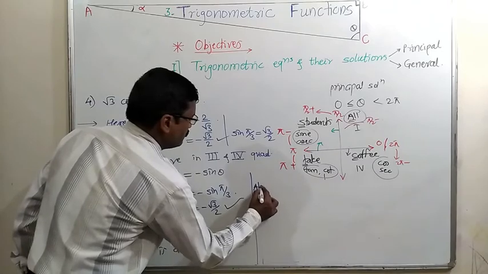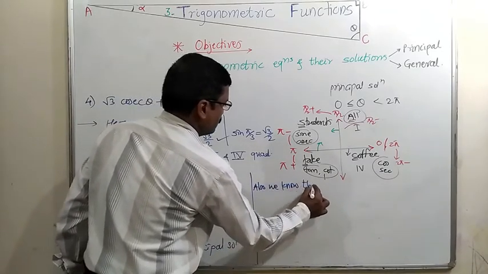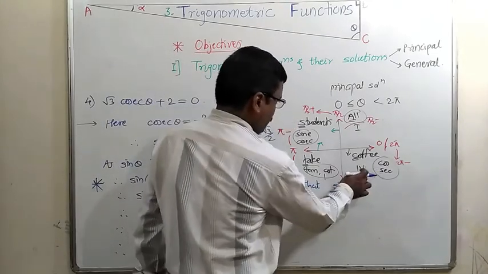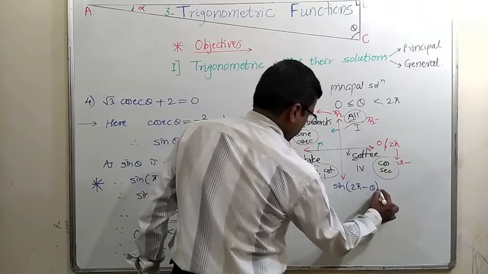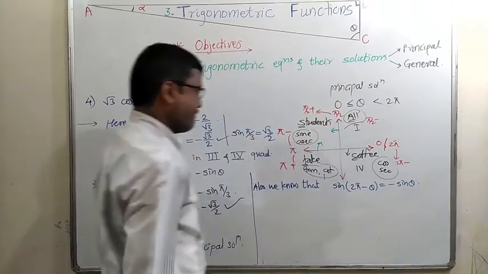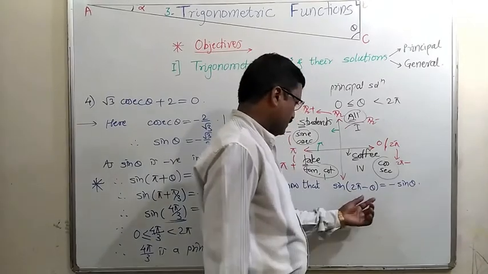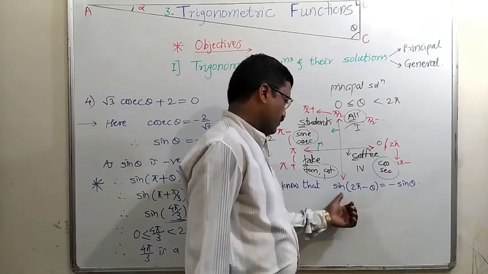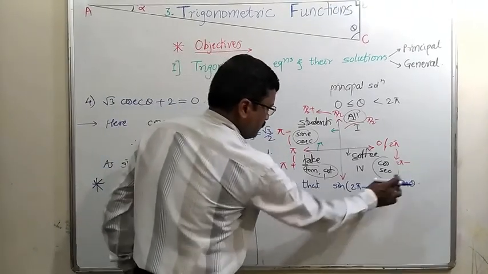Also we know that for the 4th quadrant you can use 2 pi. Sine of 2 pi minus theta is equal to minus sine theta, because sine theta is negative in the fourth quadrant, and the fourth quadrant can be written as 2 pi minus theta. So as theta is an acute angle, sine 2 pi minus theta is equal to minus sine theta.